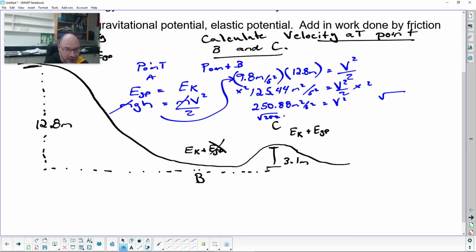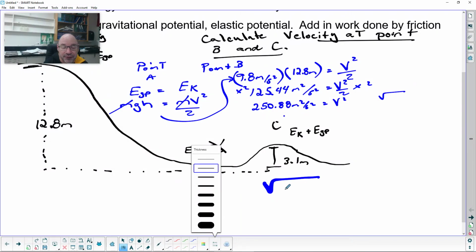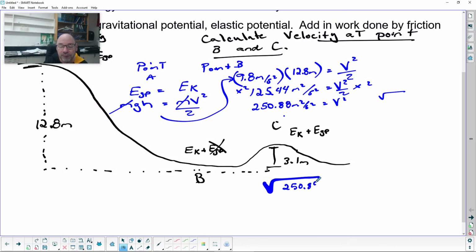I'm kind of scrunching it in, so I'll just write it on the bottom. Square root of 250.88. So what do we get?